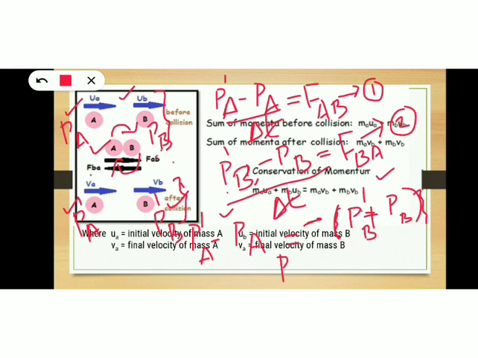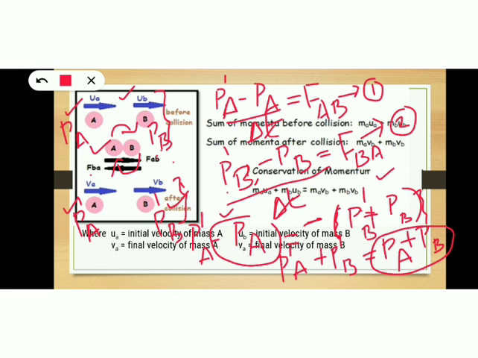You will get P dash A plus P dash B equal to, here you have minus PA, bring this minus PA to the RHS, so it becomes plus PA plus PB.